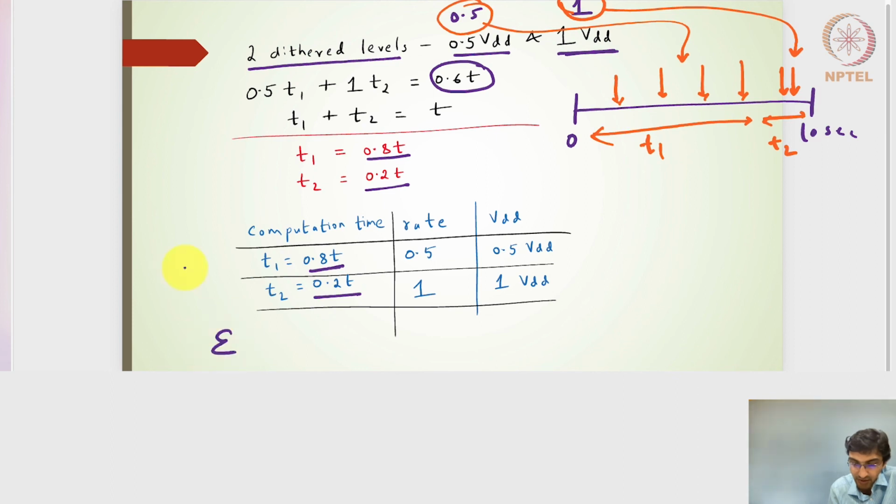And if I try to find the energy E1 and energy E2, this is the total energy for completing the task, to achieve the number of switchings as 6 per 10 seconds. That means to achieve a rate of 0.6, I will have this energy E1 plus E2.